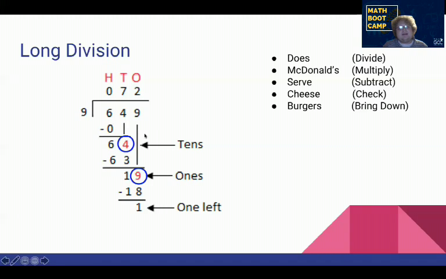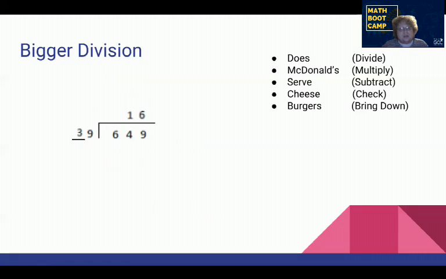That's our check. Bring down the 9, going from left to right. Continue in this fashion until there's nothing left for you to bring down. Now, when we have larger numbers, it's the same process, but just with bigger numbers.